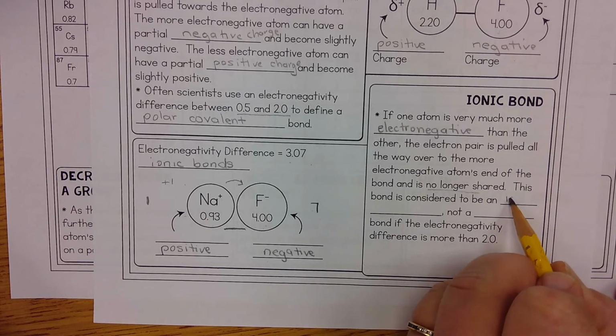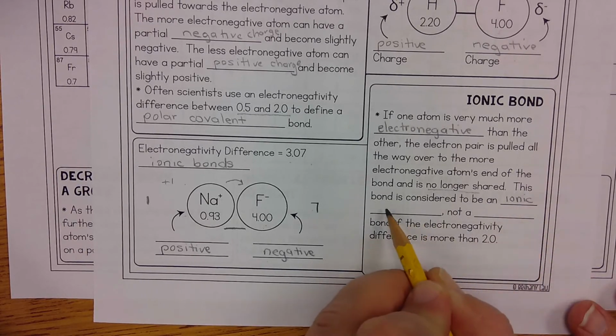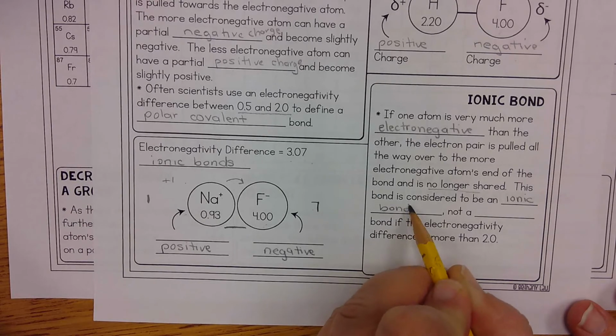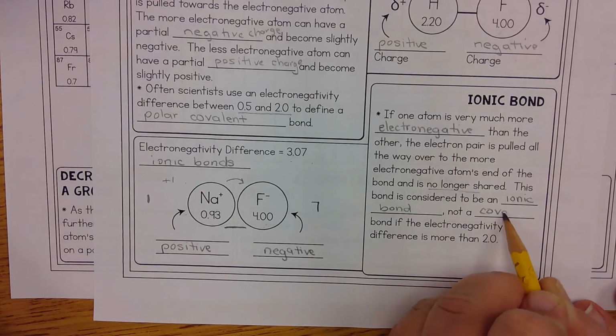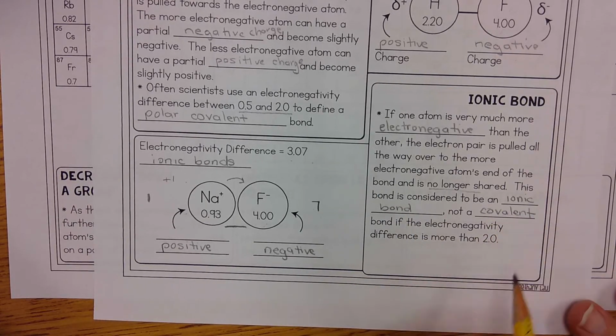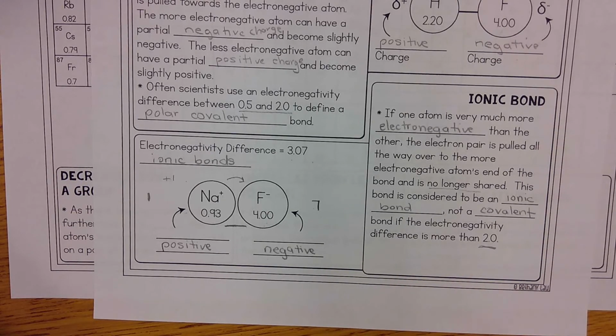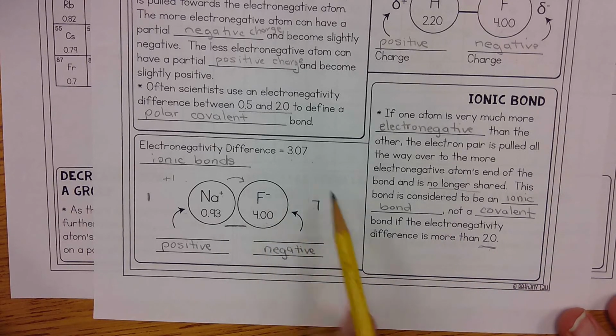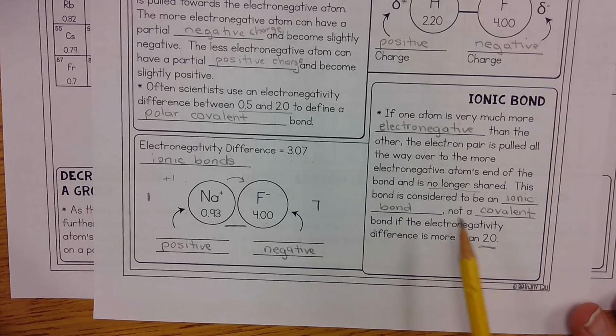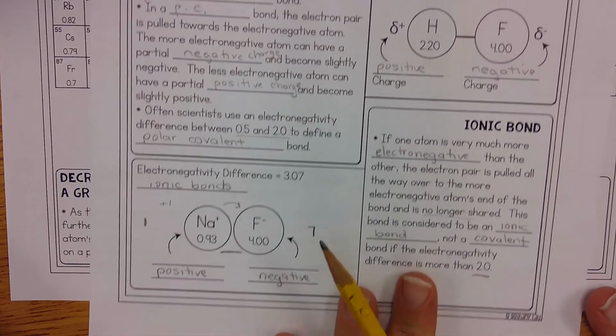So that's when we have this ionic bond, not a covalent bond. This happens if the electronegativity difference is more than 2. If that difference is greater than 2, which here it's 3.7, then you get this ionic bond.